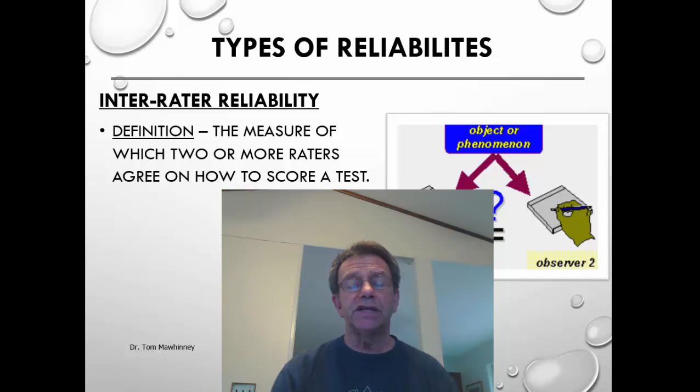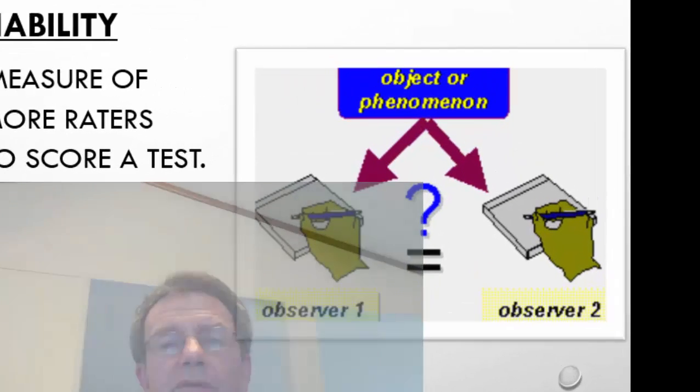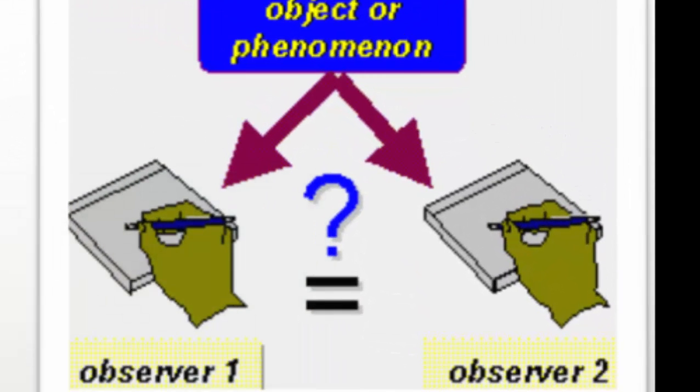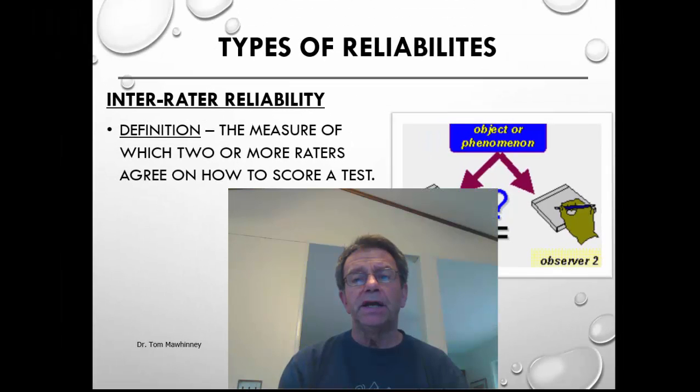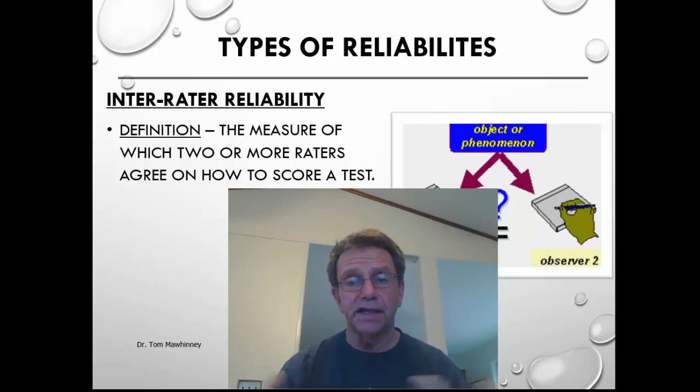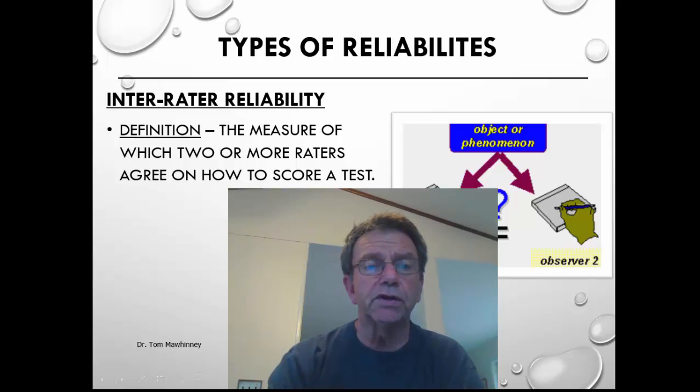As you see in this picture, you have observer 1 and observer 2, you compare them, and you get what we call a correlation, and the closer to 1 that is, the better the reliability. And if those two raters don't agree, I know there's a third person that has to come in and grade the test, and then they take the best two, the two that are closest.